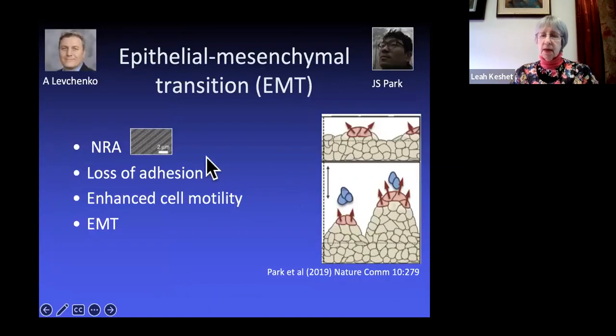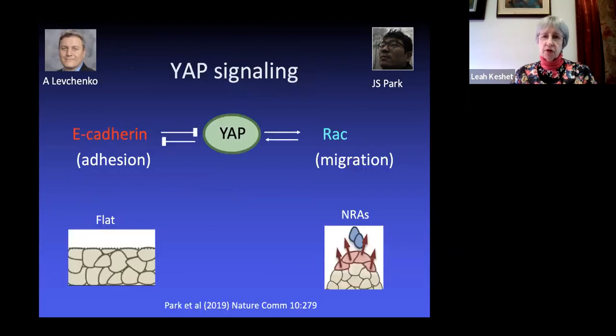So they grew these cells on patterns, and they saw that the cells lost adhesions and became highly motile. In other words, they underwent what's called EMT, epithelial-mesenchymal transition, the transition between being a sheet and individual cells. And they also characterized the internal signaling that gives rise to that kind of behavior.